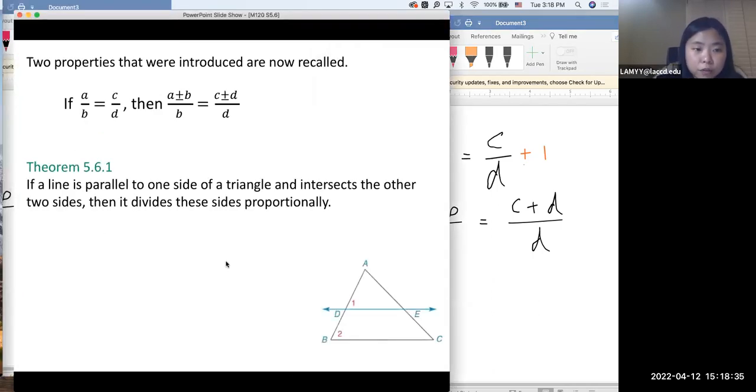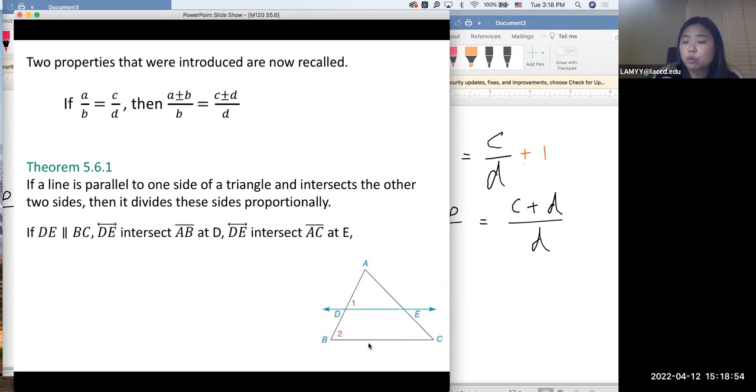Theorem: if a line is parallel to one side of a triangle and intersects the other two sides, then it divides those sides proportionally. If DE is parallel to the side of the triangle, I can say DE is parallel to BC. DE intersects AB at D and AC at E. Then we have this proportion: AD over DB equals AE over EC.